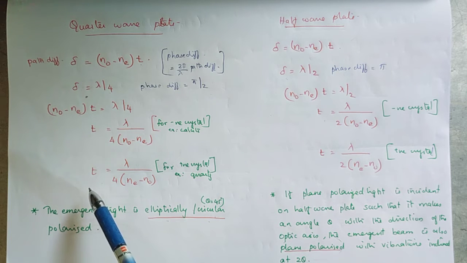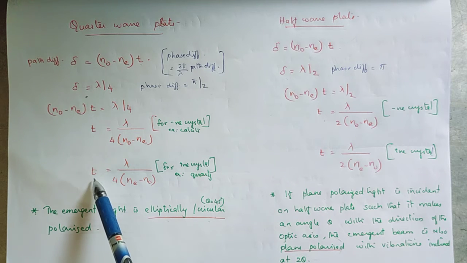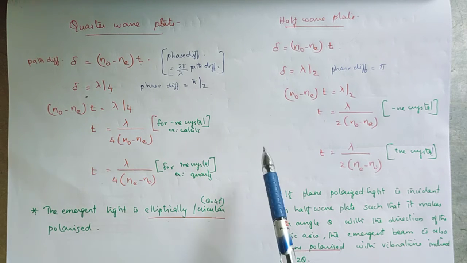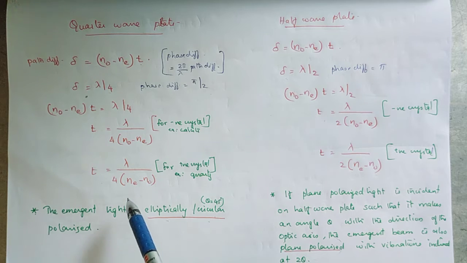We need to find out the value of t again. So t depends on a particular wavelength, and it will not be equally suitable for other wavelengths. So this is one of the major disadvantages of this wave plate. Depending upon the wavelength, we need to design or create the wave plate.